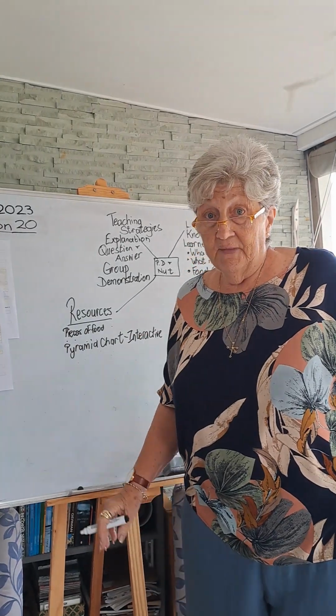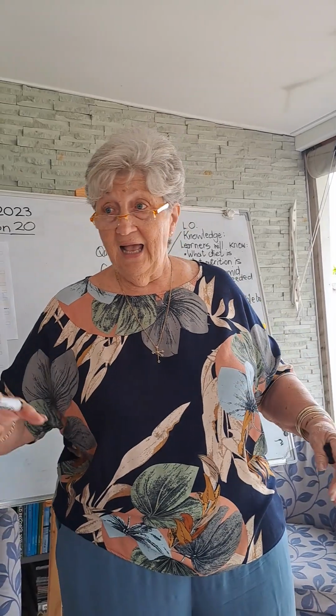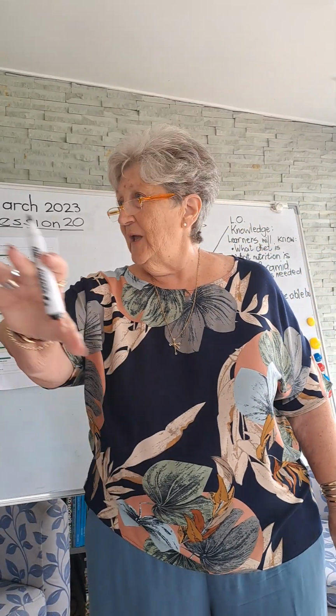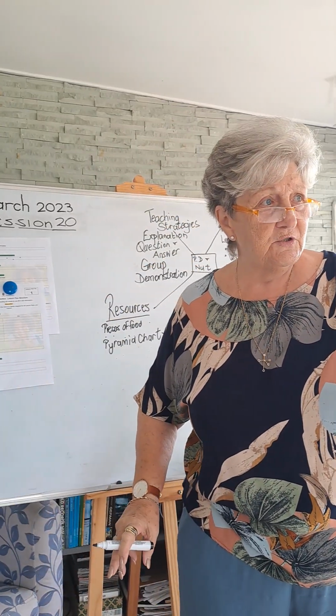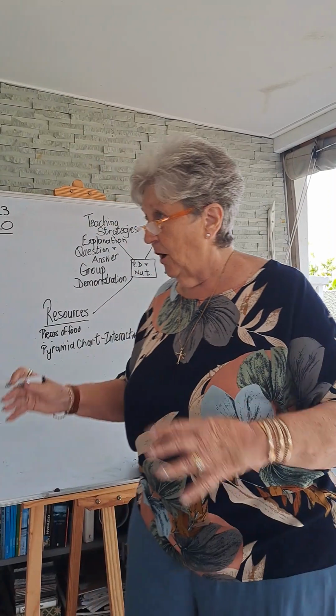Now, maybe at the end of the lesson when I get them into groups, I hand out paper plates for them. And maybe I want this group here to actually devise a nice, healthy breakfast. That group there, I might want them to look for pictures, or I might want them to draw the pictures of the plate.